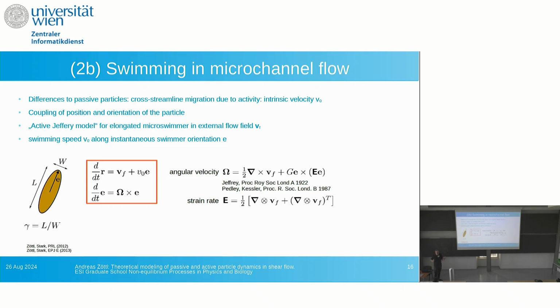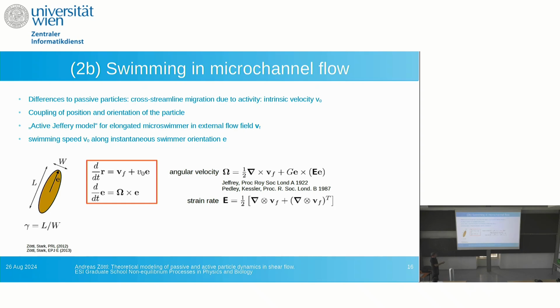You don't have to change anything, it's just a matter of shape how you rotate. So when you change the equations of motion, you now have coupled equations of orientation and position. It goes with the flow plus this activity term, it goes with velocity v0 along its director e. Now you see they are really coupled.